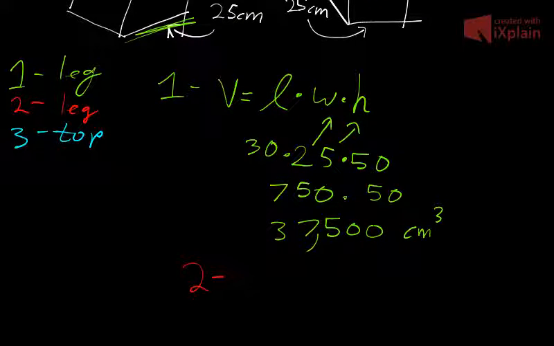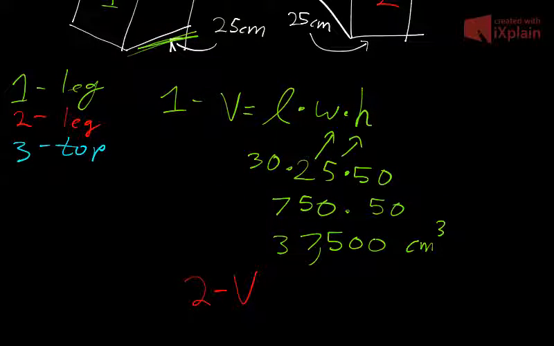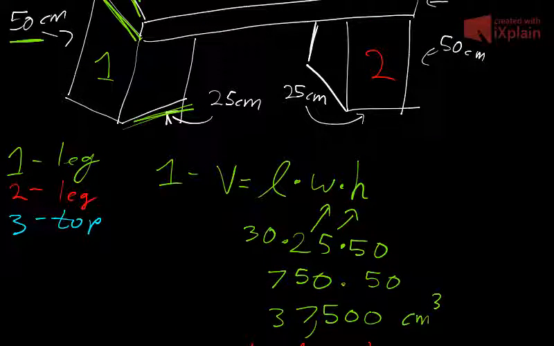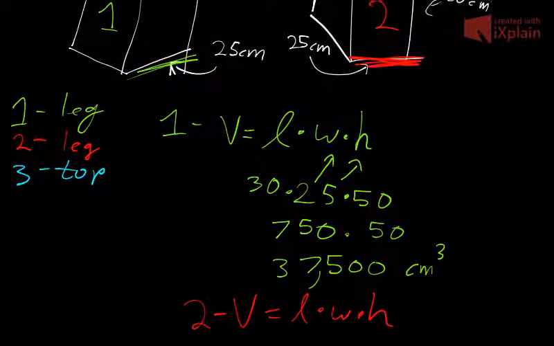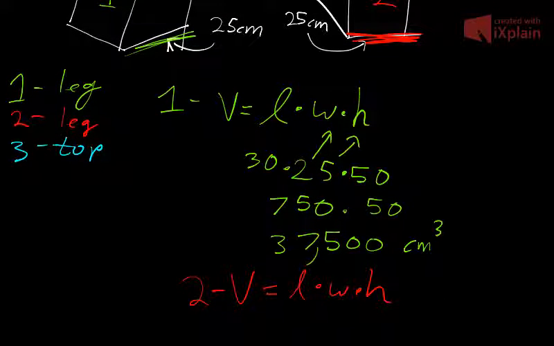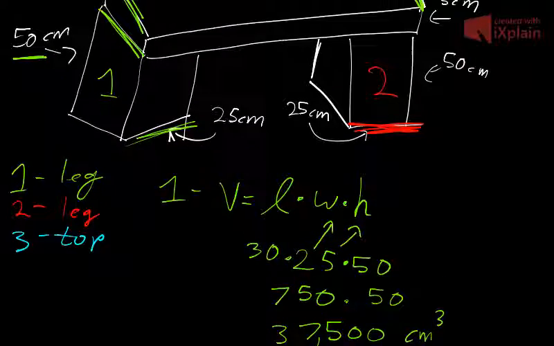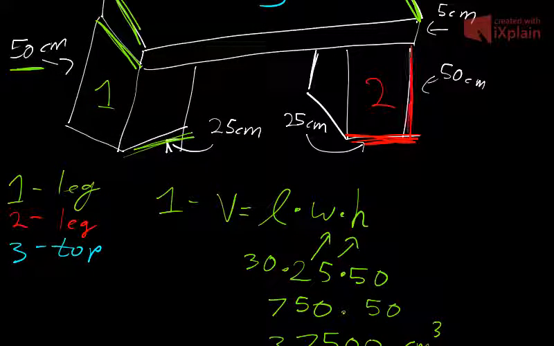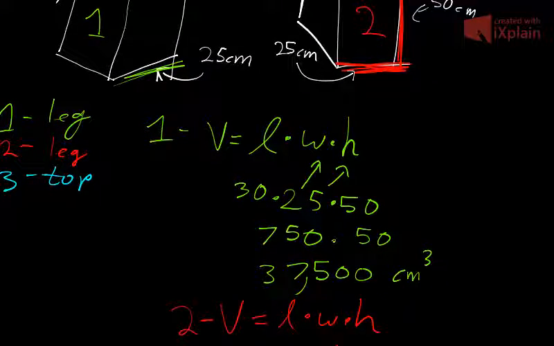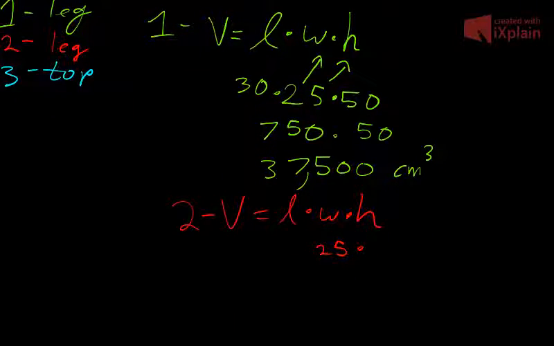My second leg, my volume is still going to be, because it's still a box, length times width times height. And if we look, I've still got, I really did draw this quite terribly. That's the wrong leg. Here we go. 25 is going to be my width. My height should still be 50 down here.